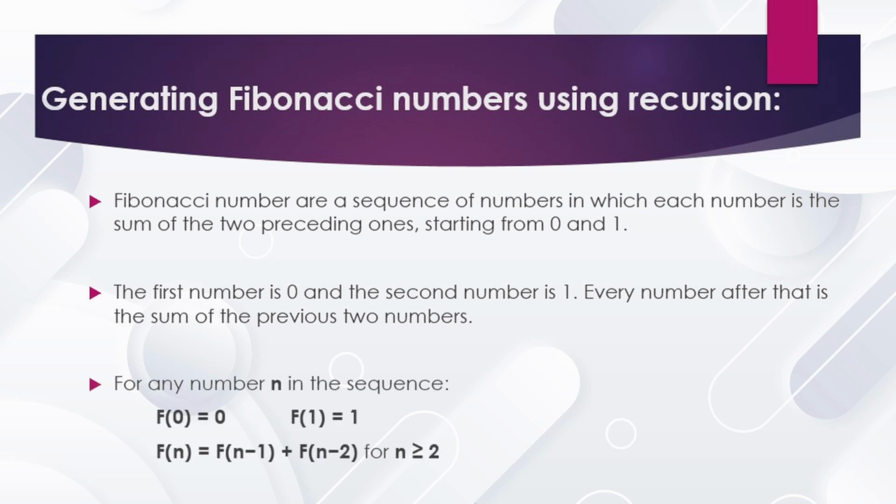For any number n in the sequence, f of 0 is 0, f of 1 is 1, and when we want to find the nth Fibonacci number, we will find f of n minus 1 plus f of n minus 2. This is for all n that is greater than or equal to 2.